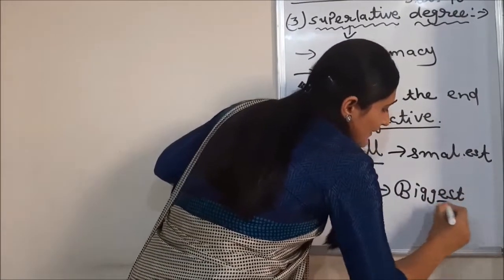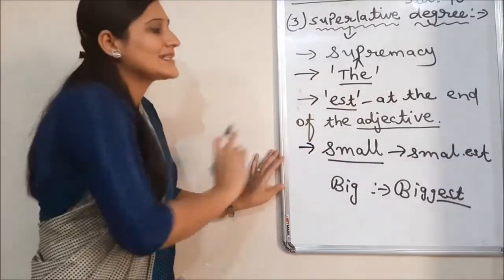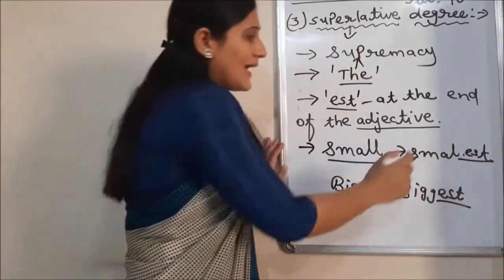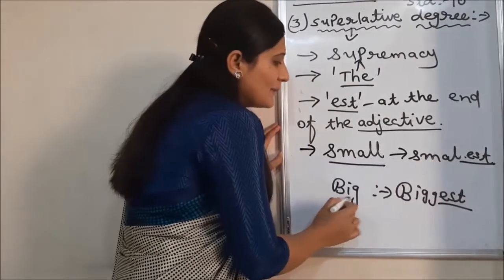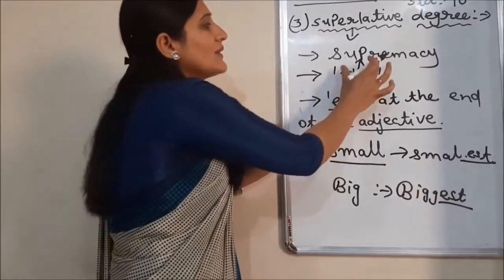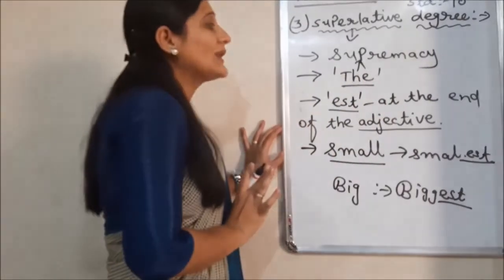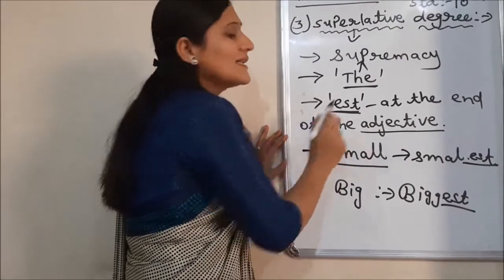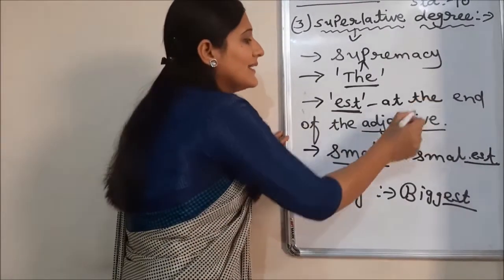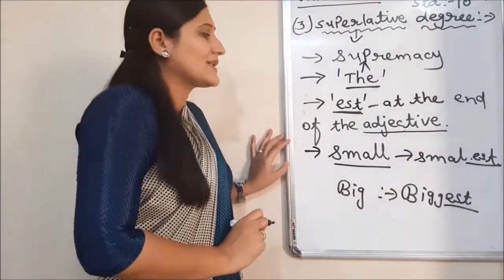See, we need to add est at the end of the adjective. Small, smallest, big, biggest, right? So this thing you need to keep in mind. The we need to add, and est we need to add at the end of the adjective, right?